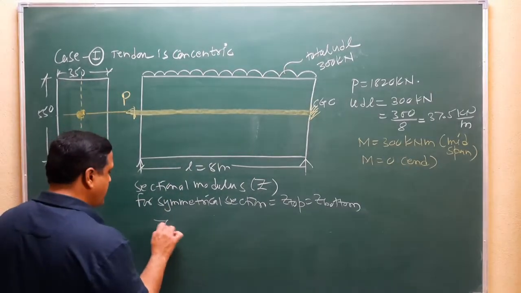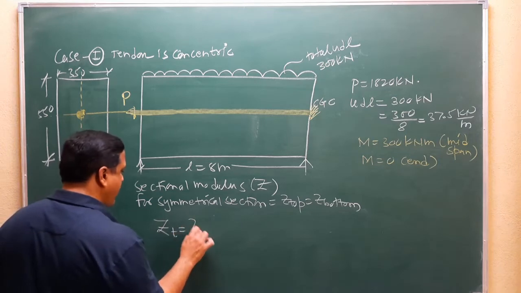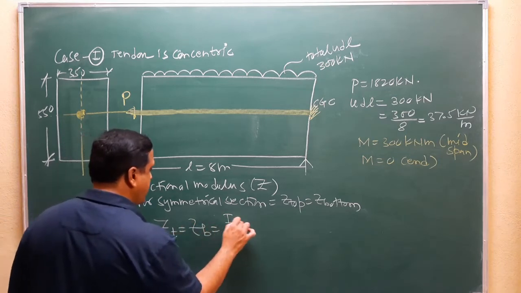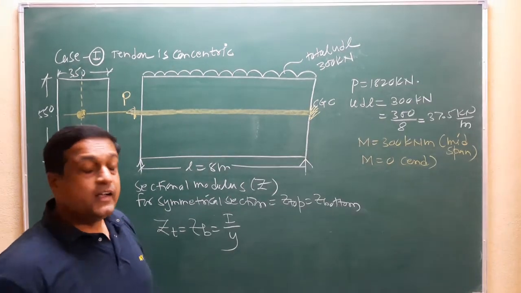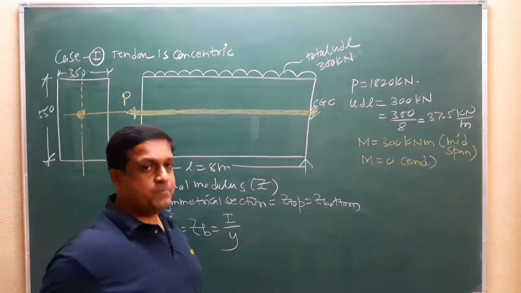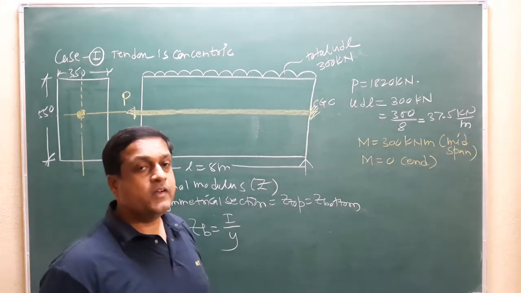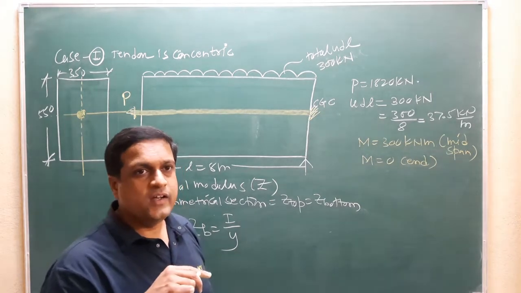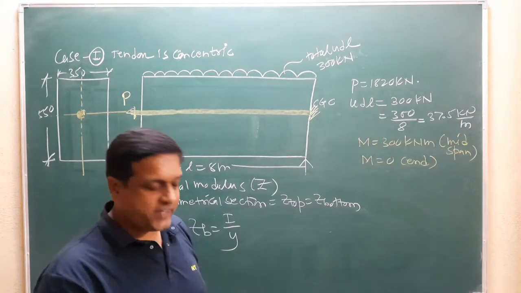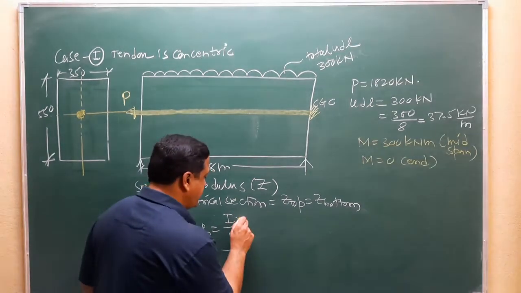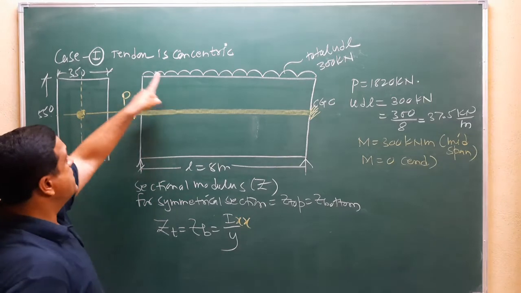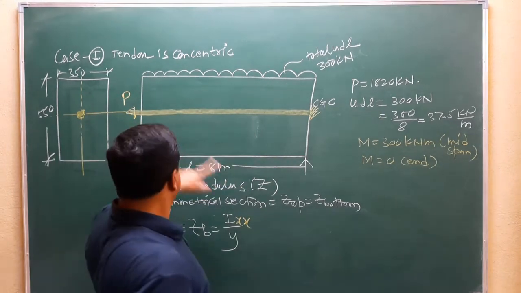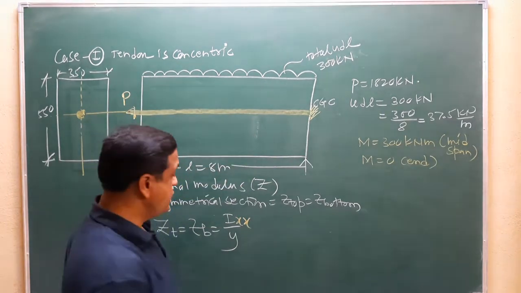So what is the Z top and Z bottom? We know that it is I by Y. Now the bending of this beam due to the external load is related to the x-axis, so it is Ix.